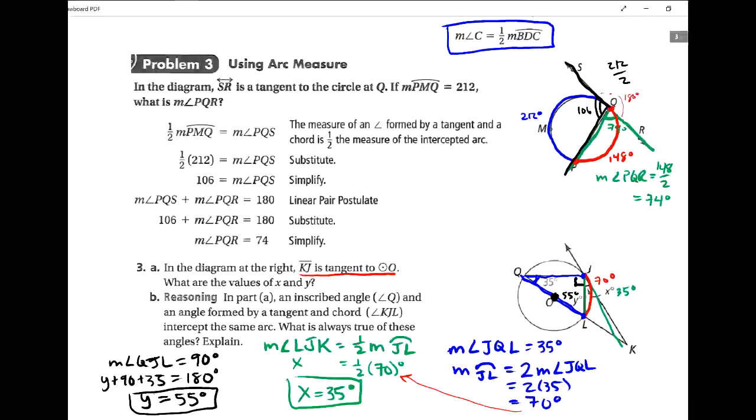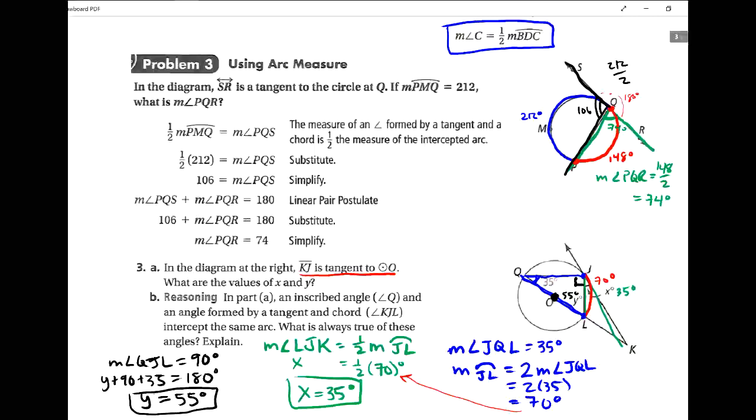Again, these concepts are not difficult. The hardest part is going to be seeing them in the diagrams. Go ahead and redraw pieces as necessary. You know my feeling, color is your friend, and make sure that you label everything that you know.